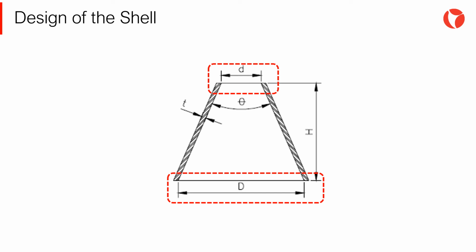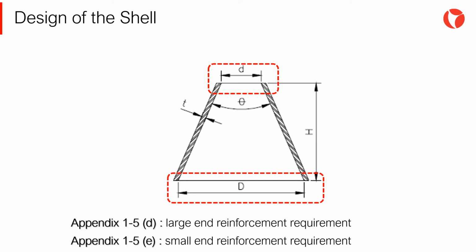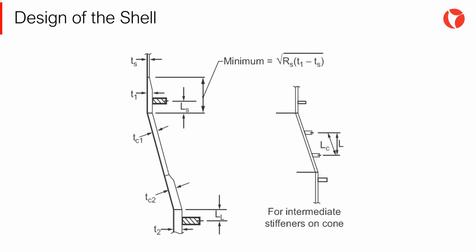Therefore, it is necessary to verify if reinforcements are required. The verification procedure is indicated in Appendix 1.5 of the code. In order to reinforce the area, the moment of inertia must be increased by increasing the thickness of the components or by means of stiffening rings.